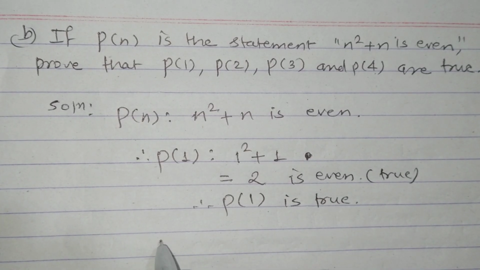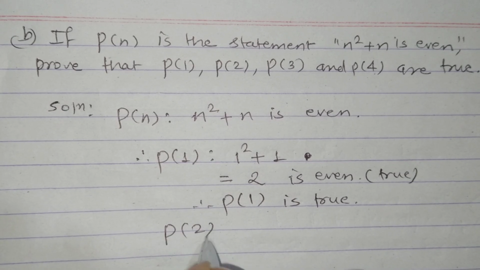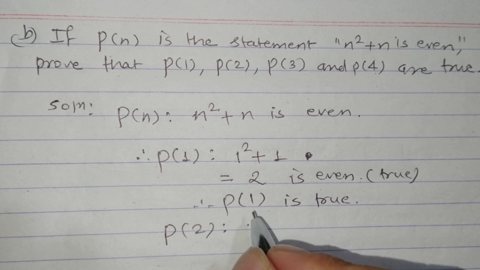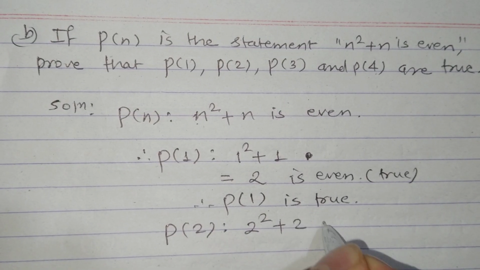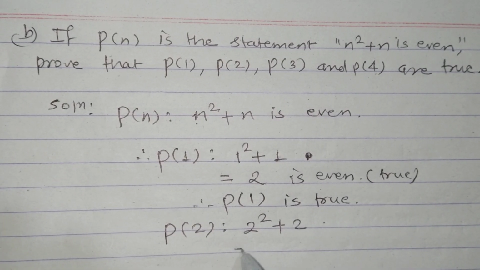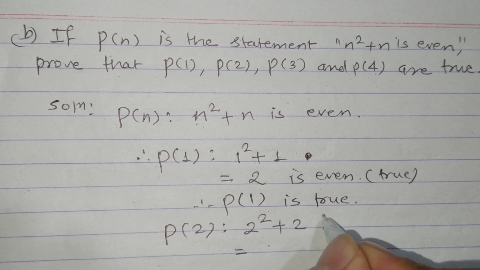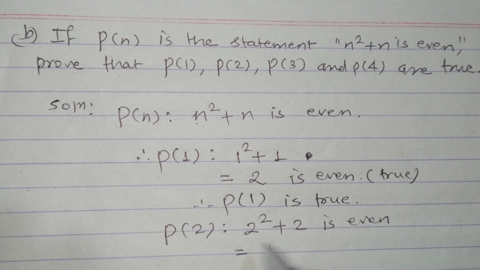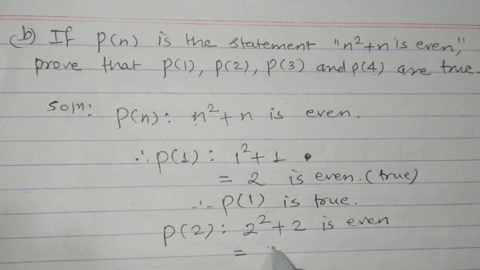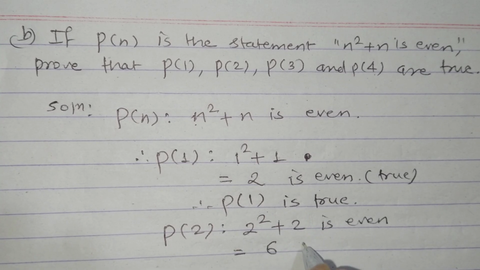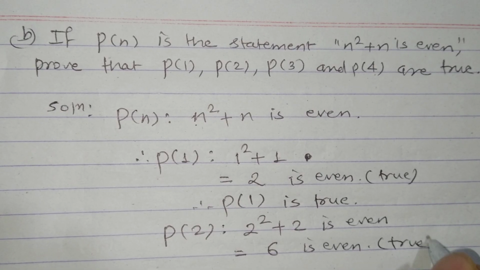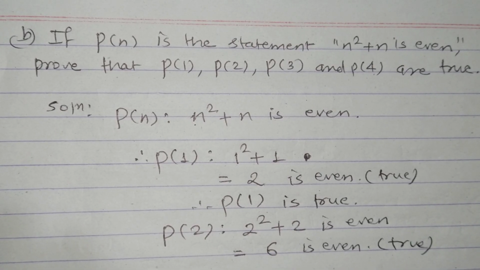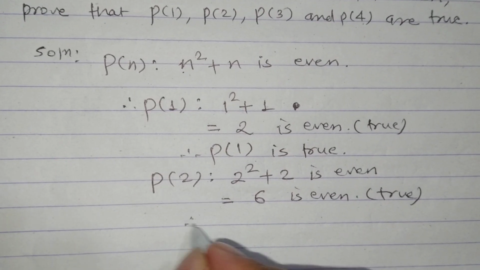Again we have to check for P2. So just replace n by 2, 2 square plus 2, and check this. 2 square is 4, 4 plus 2 is 6, which is even, which is also true. So we can write P2 is true.